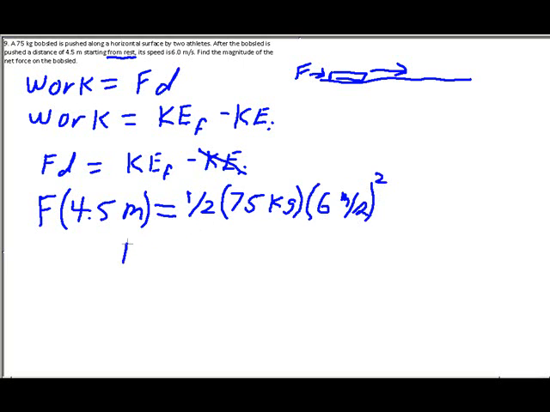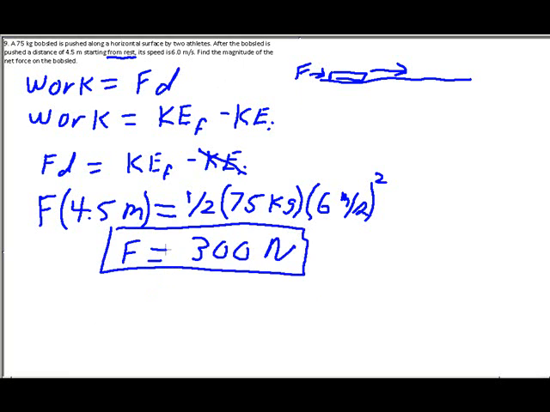So when you crunch the numbers, you wind up with 300 newtons of force applied to the bobsled.